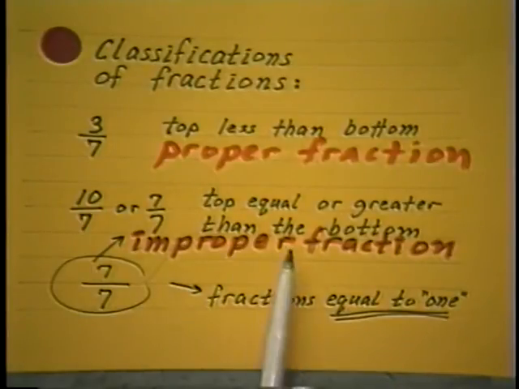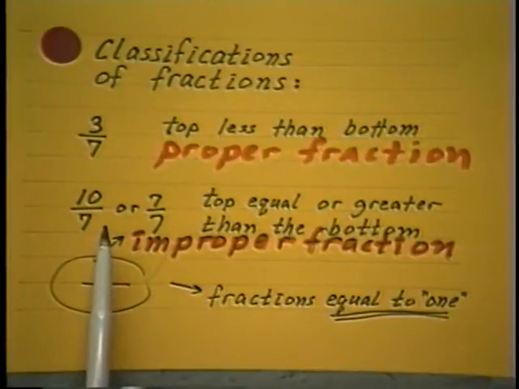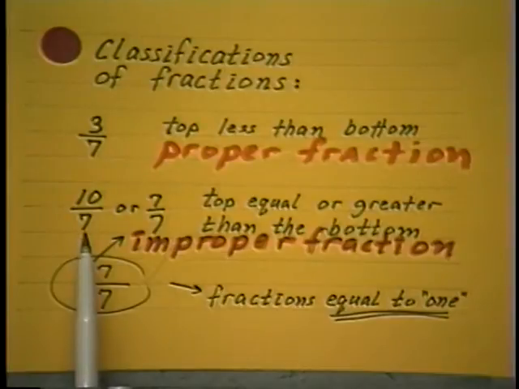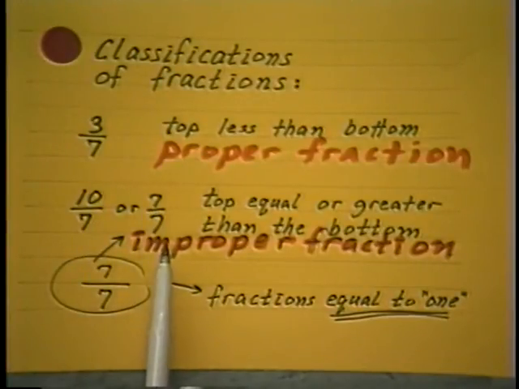So psychologically, I rather suspect that this built up a little bit of a hesitancy towards this type of fraction. But an improper fraction is an absolutely legitimate number. It's simply a number which has the form of a top being greater than or equal to the bottom. A very simple device.